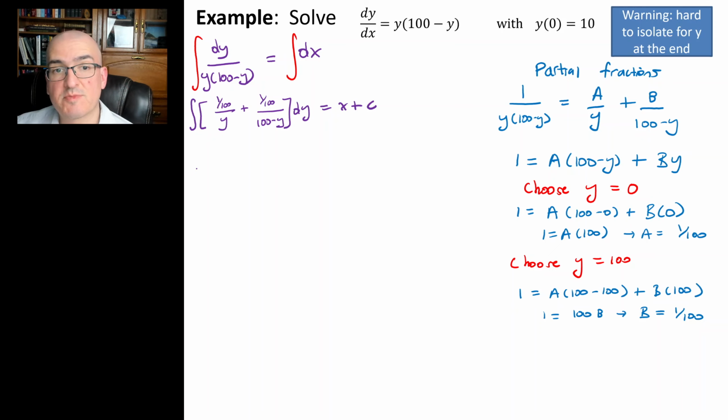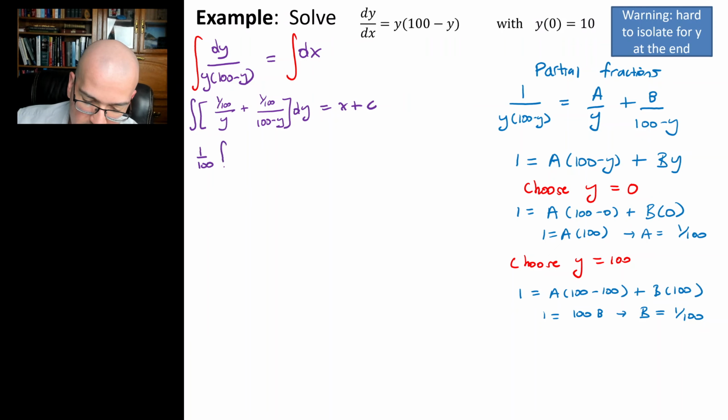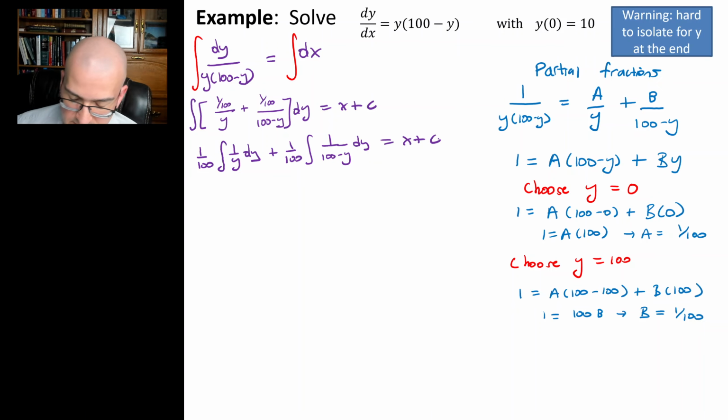Okay, and then that can be split into two antiderivatives. We have 1 over 100 times the integral of 1 over y dy plus 1 over 100 times the integral of 1 over 100 minus y dy is equal to x plus c.